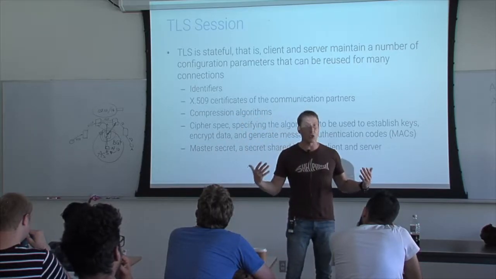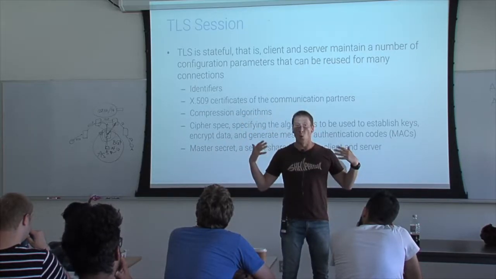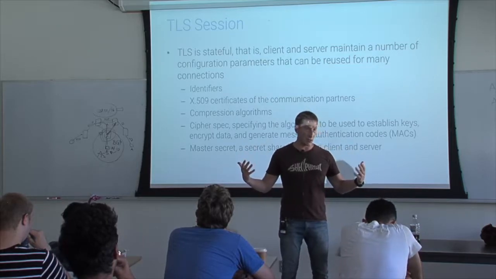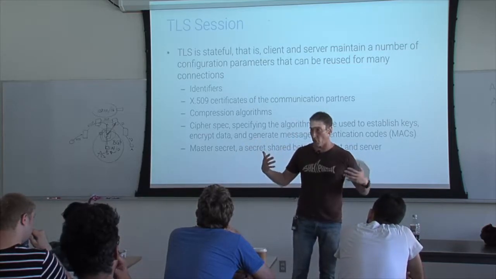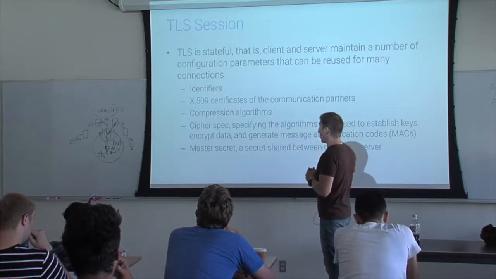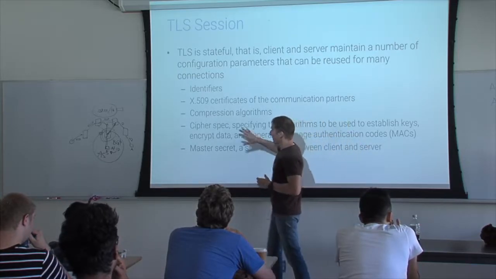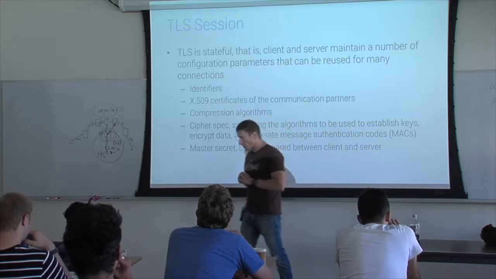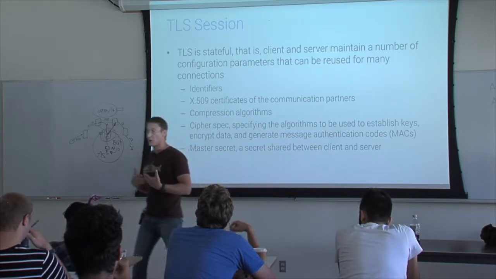In this case, you set up the communication when you connect, and you establish between a client and a server what algorithms they want to use. And of course, this is important because not all algorithms are supported by everybody.